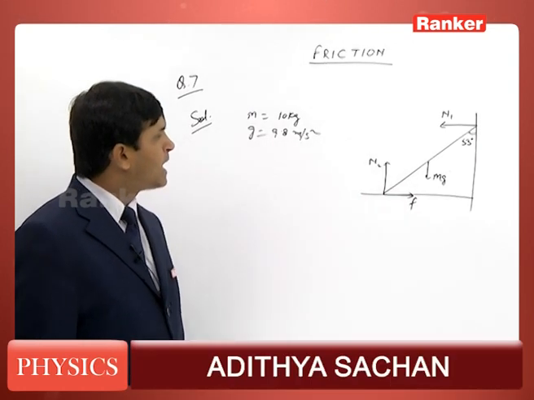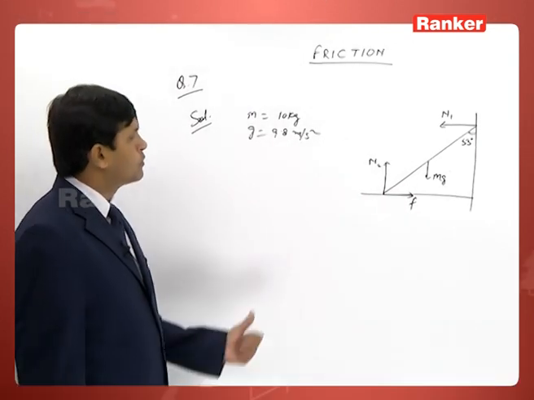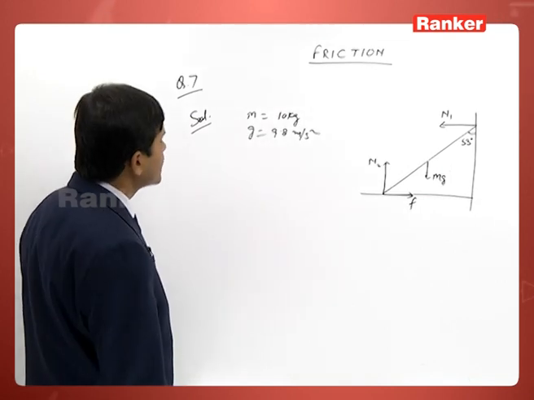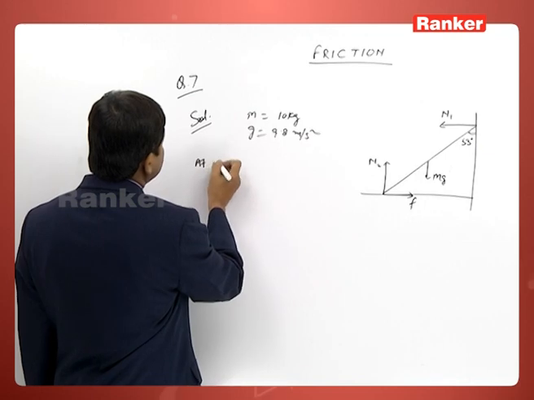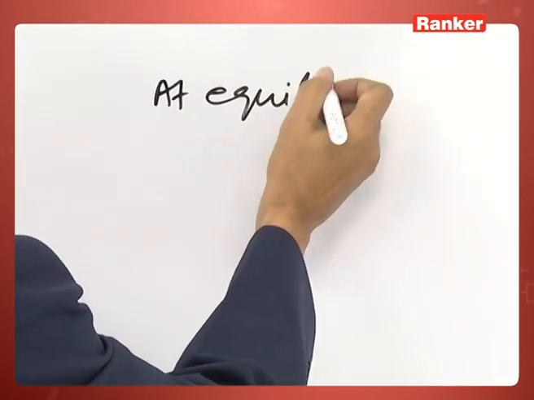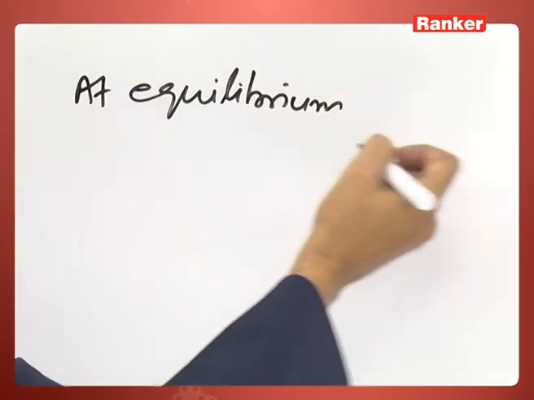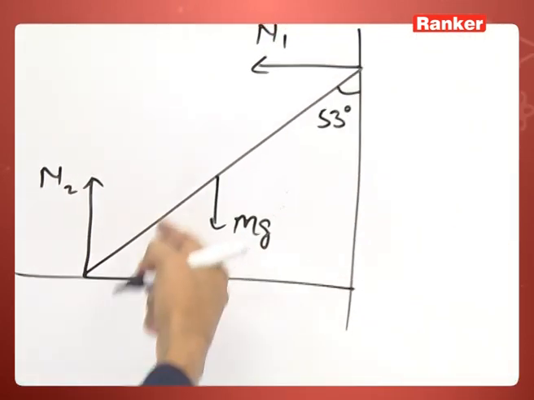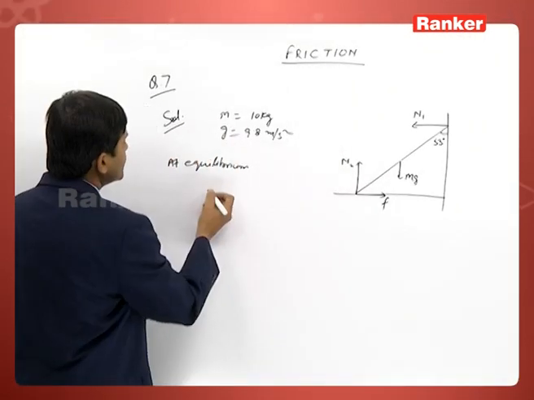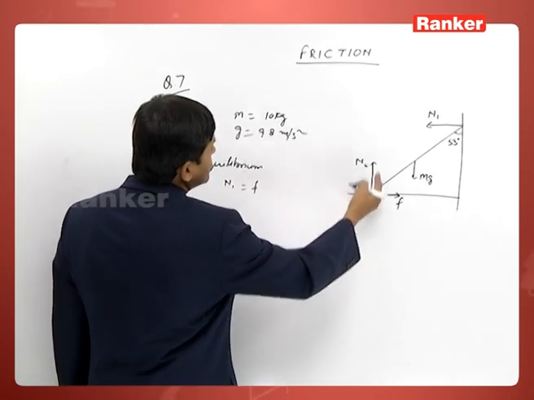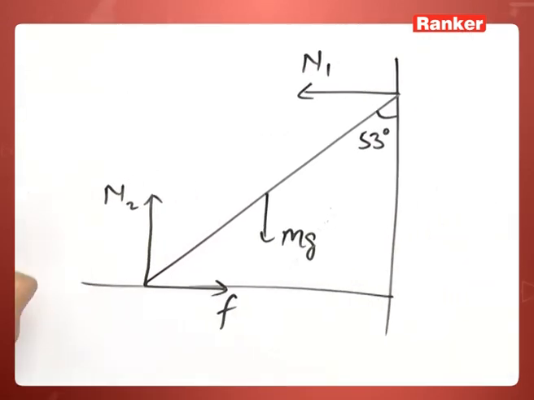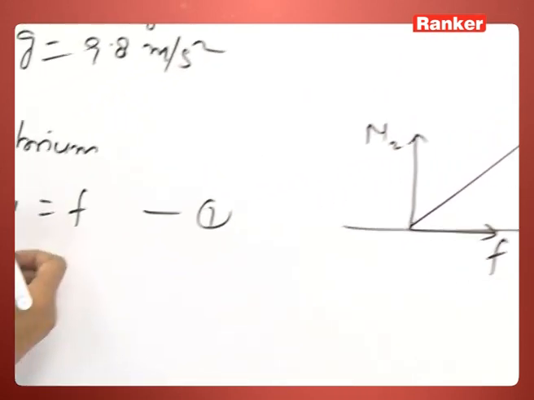Then since the ladder is at rest, we can write the equation for equilibrium. So at equilibrium, horizontal forces balance each other. So N1 is equal to F, and vertical forces also balance each other.